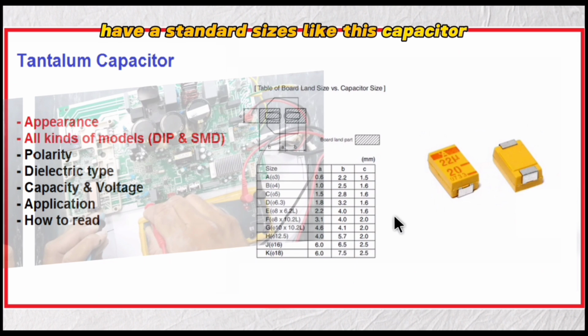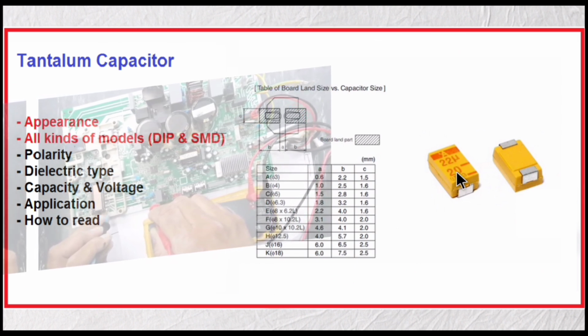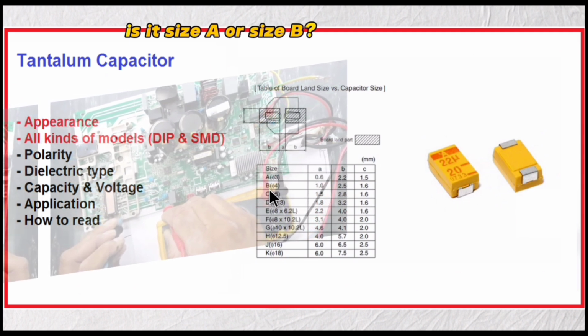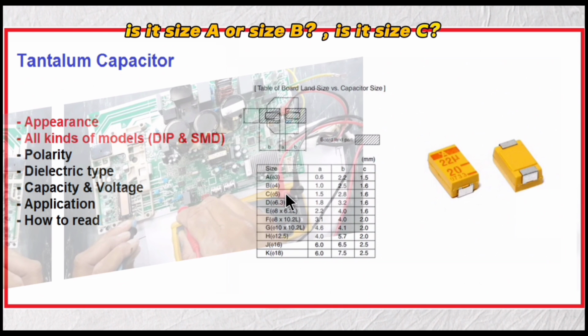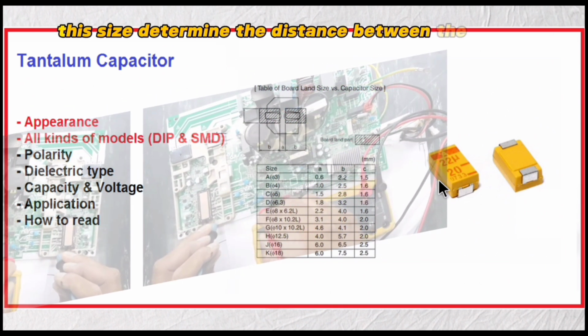Like this capacitor, 22 microfarads of tantalum. Is it size A or size B? Is it size C? This size determines the distance between the legs.